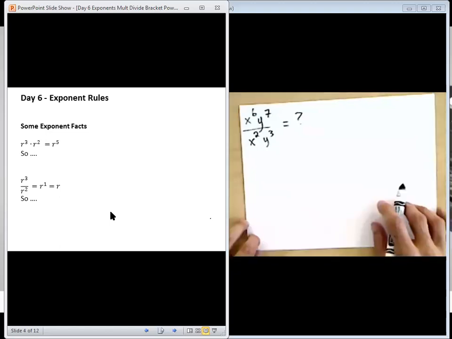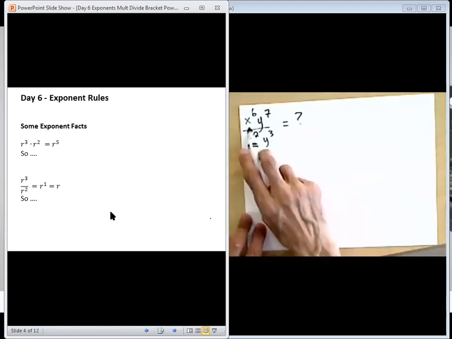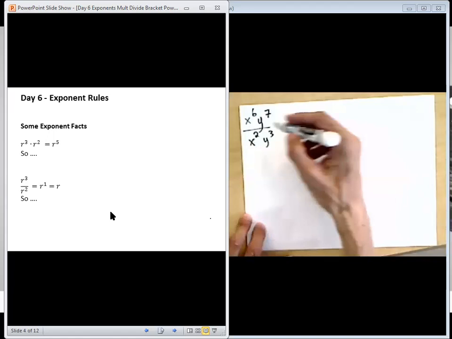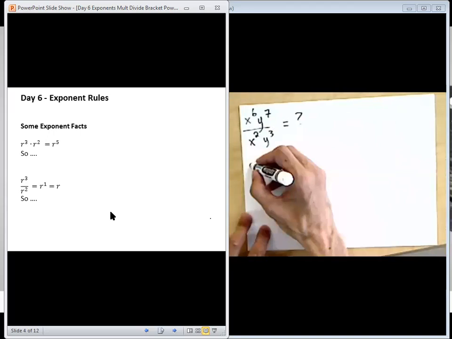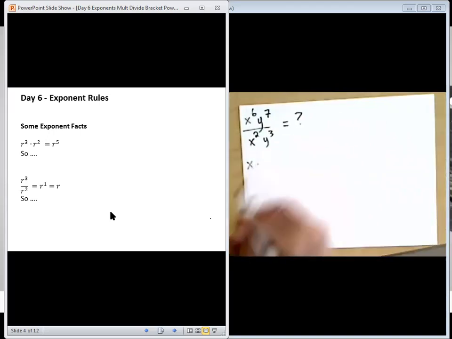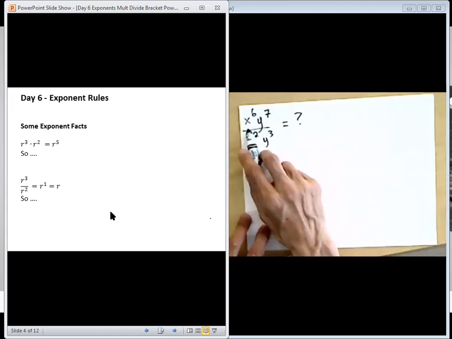Not impossible though. So what you do is just go 1 letter at a time. Yeah. So taking a look at the X's. Yeah, it should be X4 by the time we work this out.